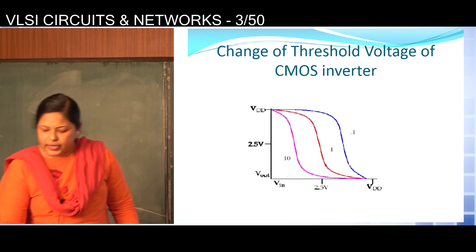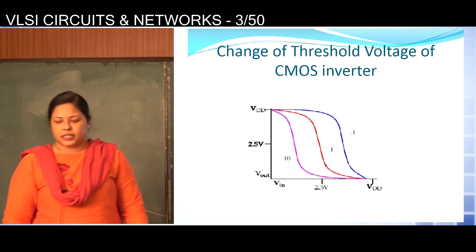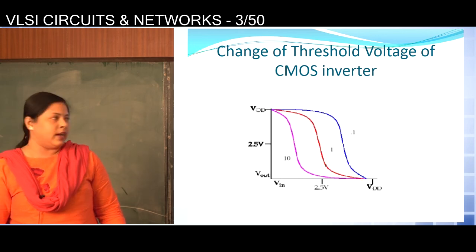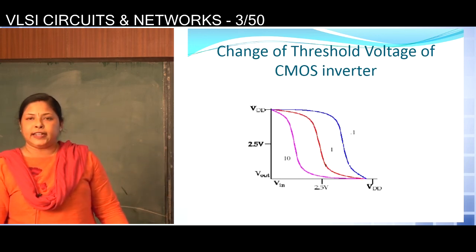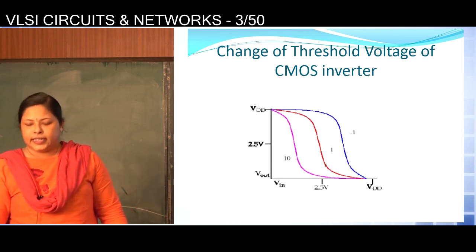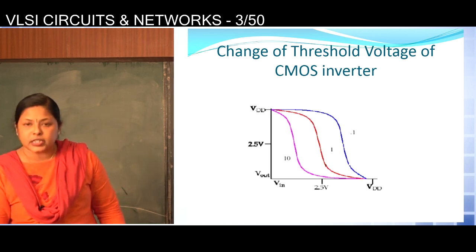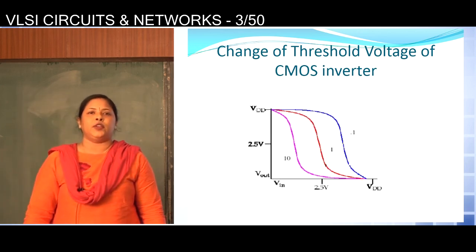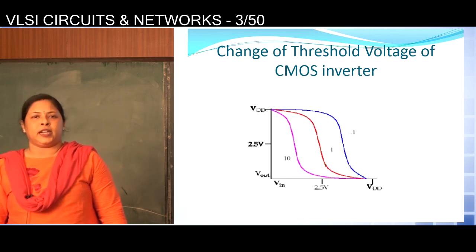Now in previous slides I have shown the voltage transfer characteristics of a CMOS inverter, and that threshold voltage can change, it can decrease or it can increase. That will basically depend on the W/L ratio of the PMOS and NMOS transistors.